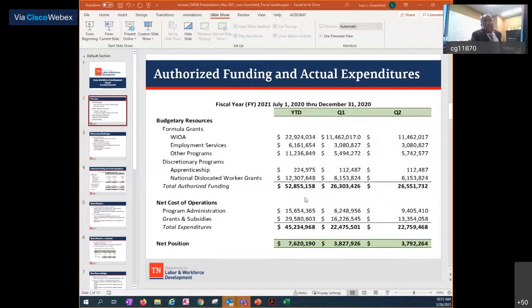The next slide is just a quick look at these numbers. We're looking at authorized funding of about $52.8 million year to date, again, the first 6 months. These quarterly projections for the authorized funding are based on just 25% of the total annualized allocation.